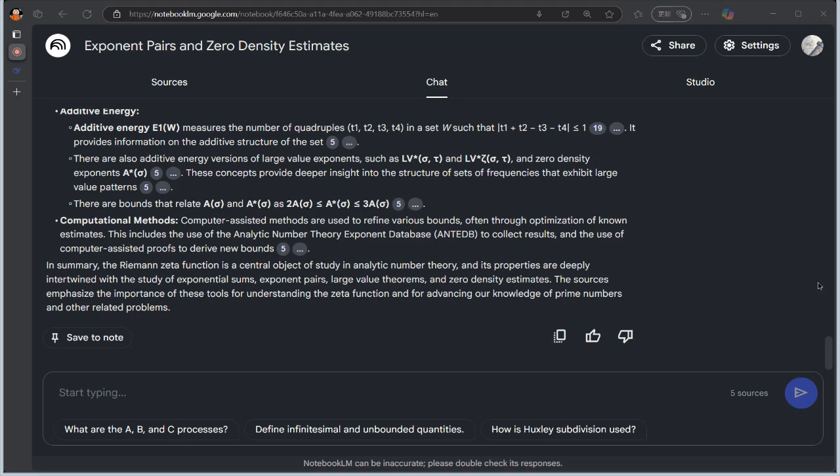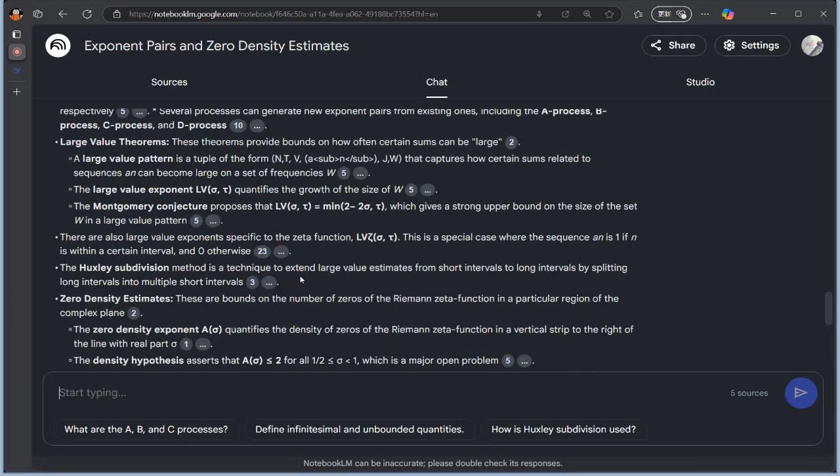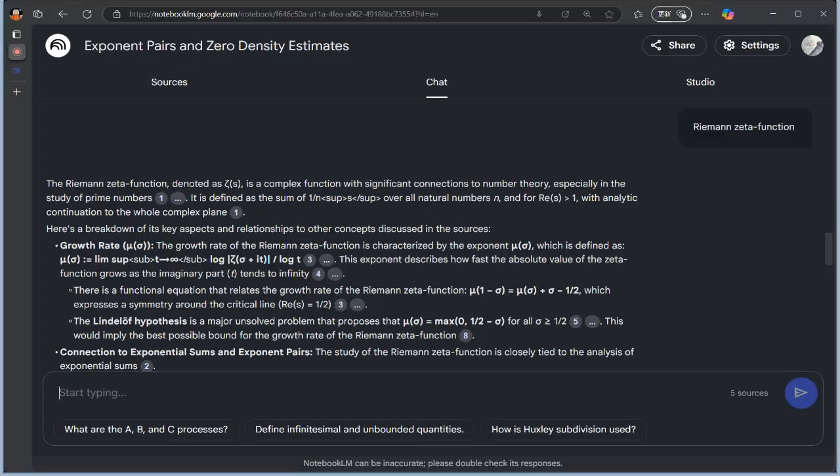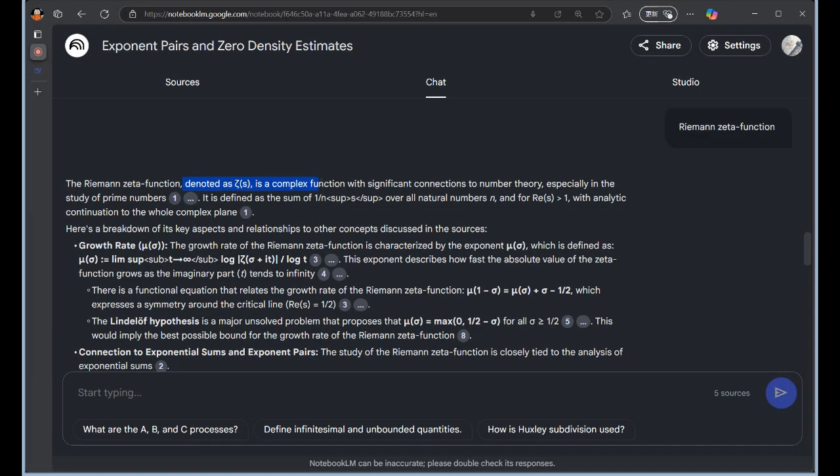So it's all connected. But before we dive into those connections, remind me again, what exactly is a zero density estimate? It's all about understanding how many zeros of the Riemann zeta function can be packed into a specific region of the complex plane. Imagine a map of this complex plane where each zero is marked with a pin. The zero density estimate tells us how densely these pins are clustered together.